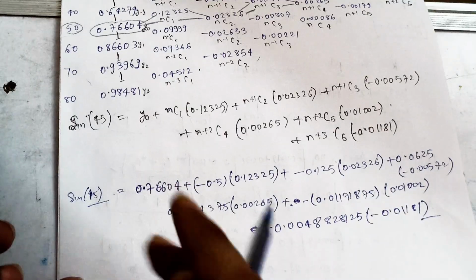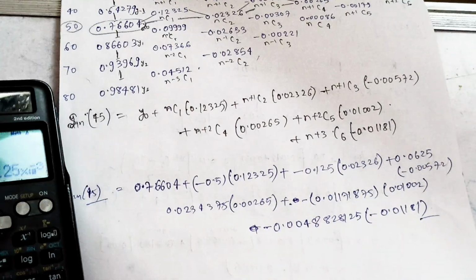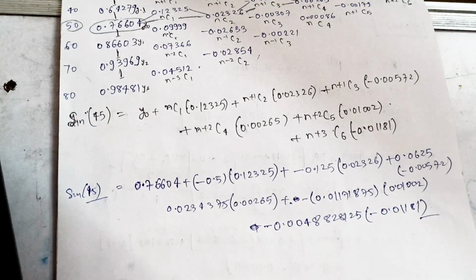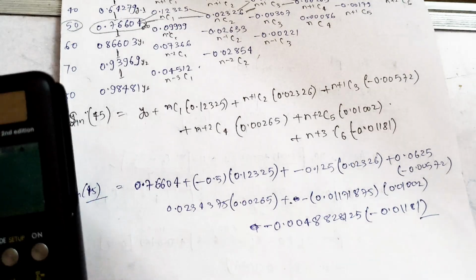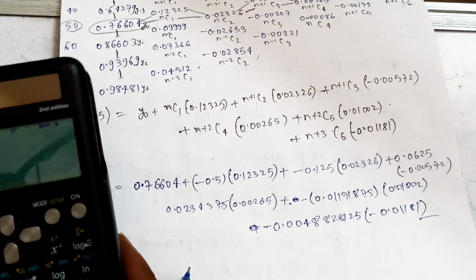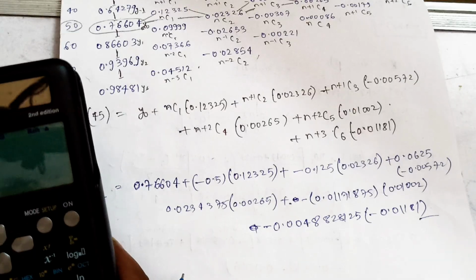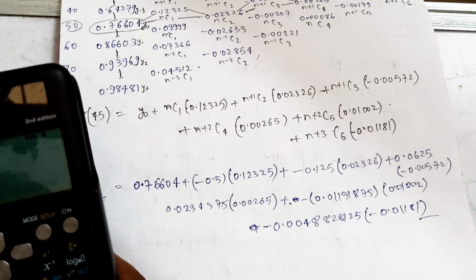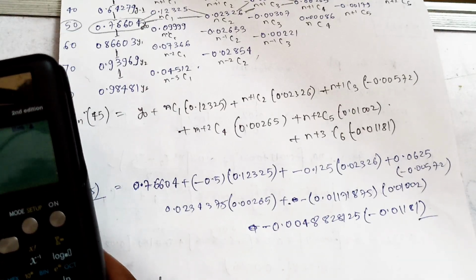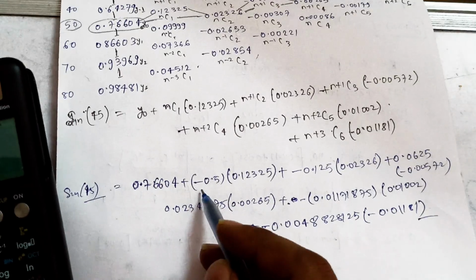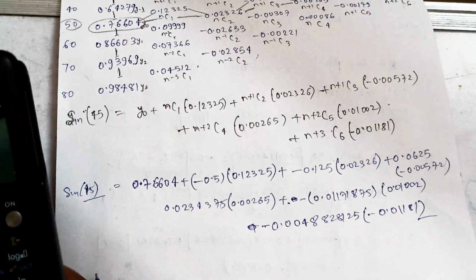So now calculating it in the calculator. You can also calculate it in your calculator as well. Firstly, adding 0.76604, and since that is already minus, you can also use plus here.